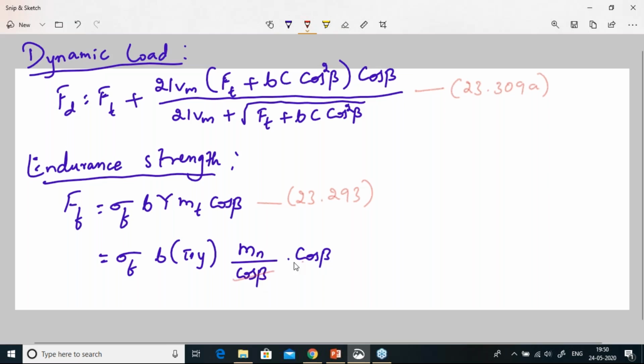Here cos beta will get cancelled and pi into mn is nothing but Pn. So therefore Ff is equals to sigma F into B into Pn into Y. So this is the equation for endurance strength, and it should be greater than the dynamic load.